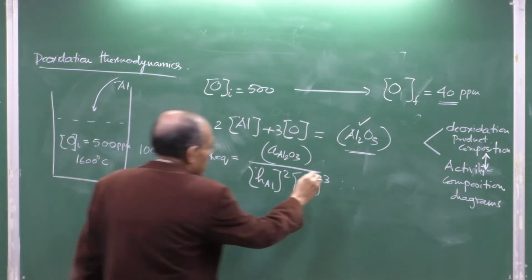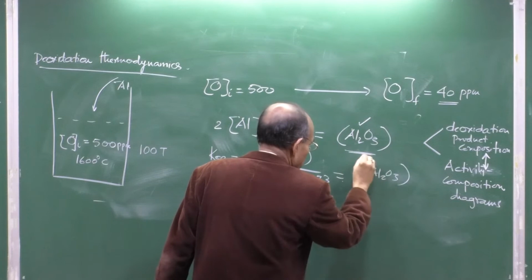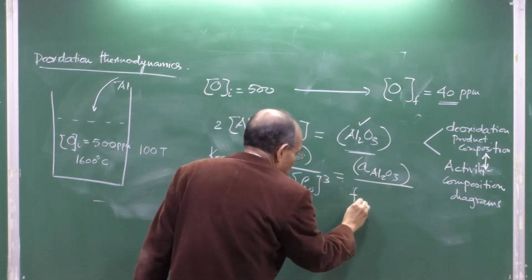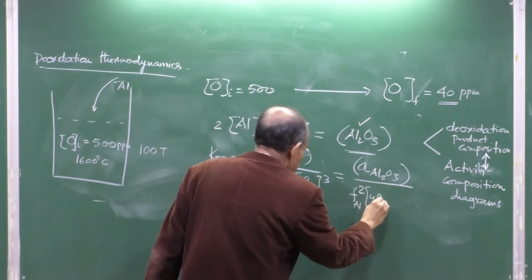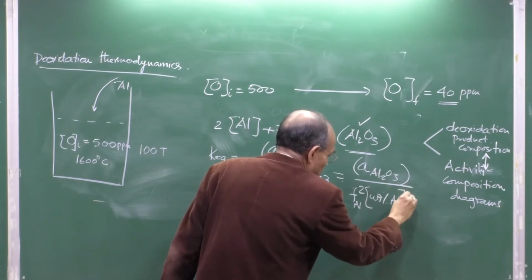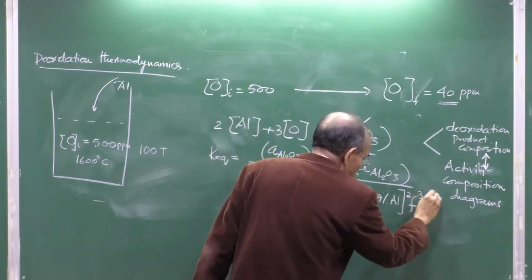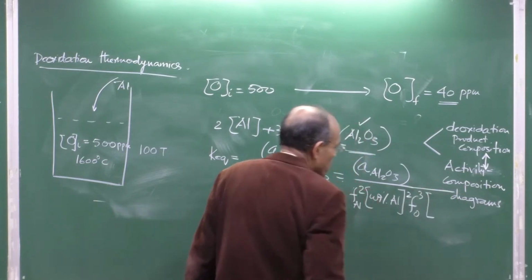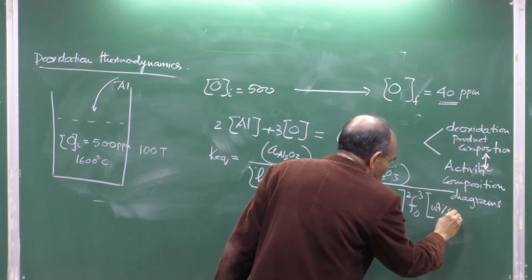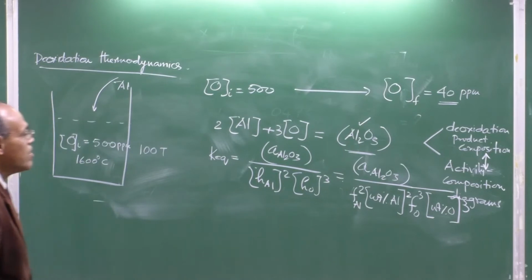And basically, as we have seen, we can write it like this: Henryan activity coefficient f_Al squared into weight percentage aluminum squared, Henryan activity coefficient of oxygen cubed into weight percentage oxygen cubed. That is the final expression.